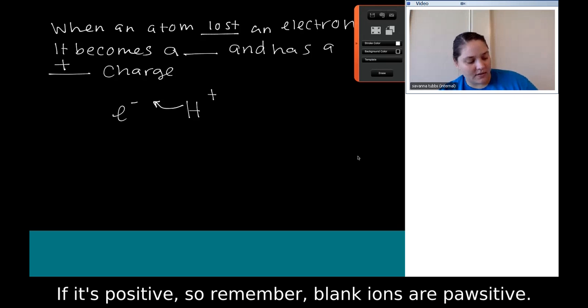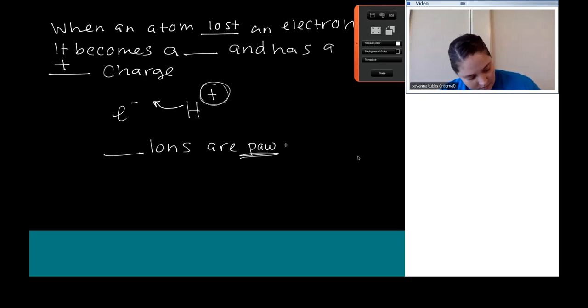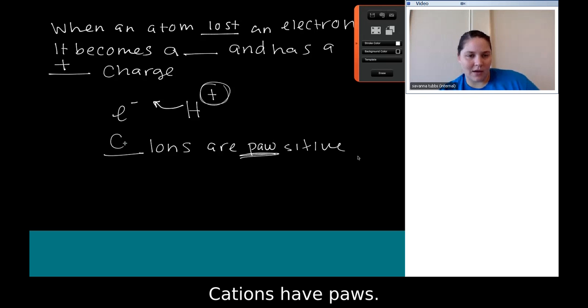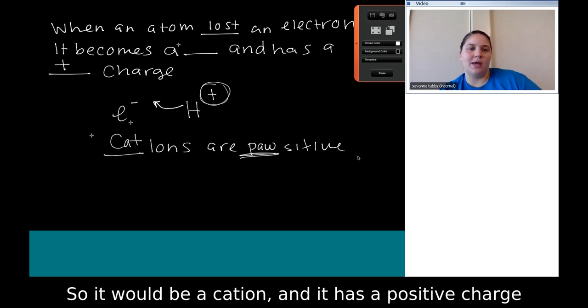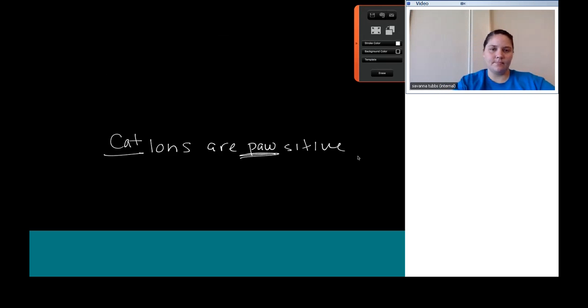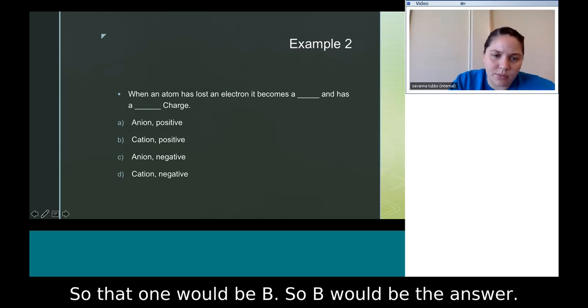Remember, blank ions are positive. I know it's spelled weird, but positive. Remember which one has pos. Cations have pos, so it would be a cation, and it has a positive charge by losing an electron. So that one would be B. B would be our answer.